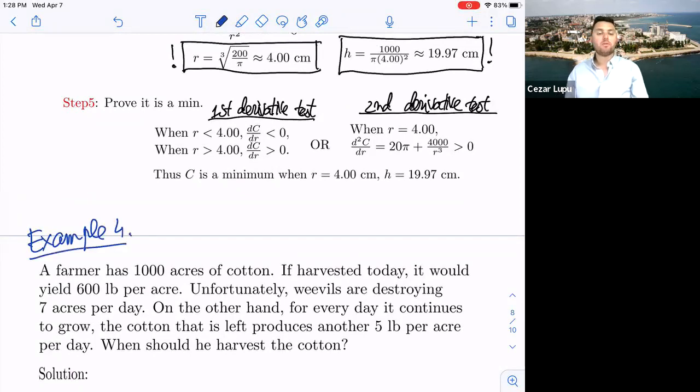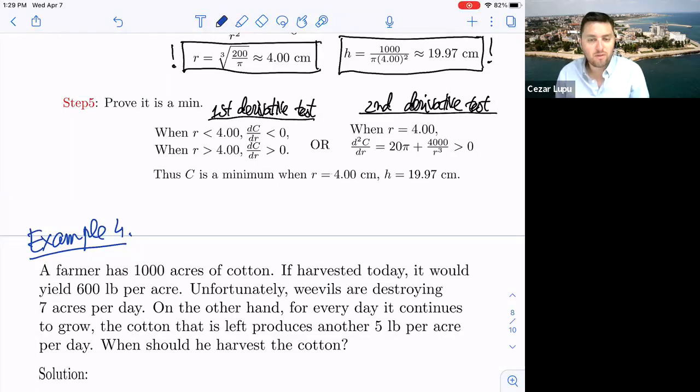All right. So this has the following statement. Look at this. A farmer has 1,000 acres of cotton. If harvested today, it would yield 600 pounds per acre, right?